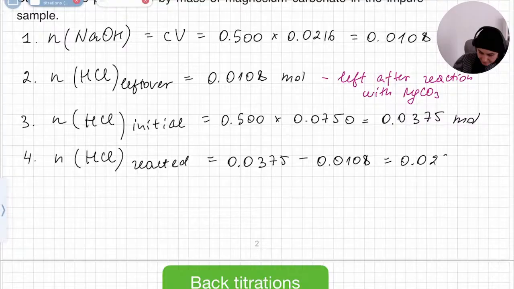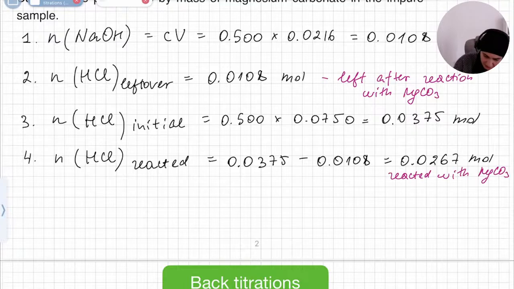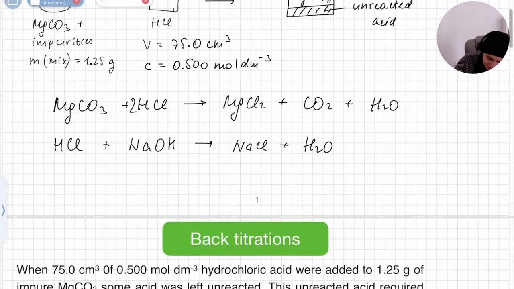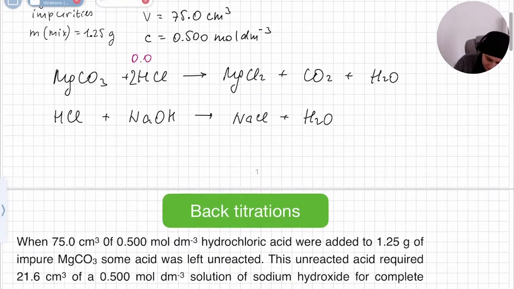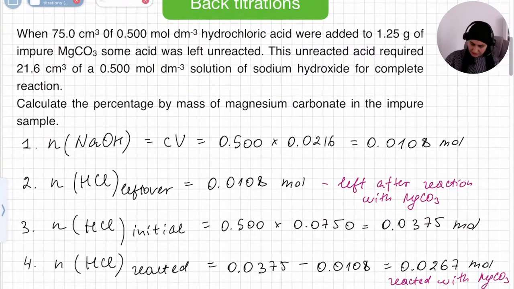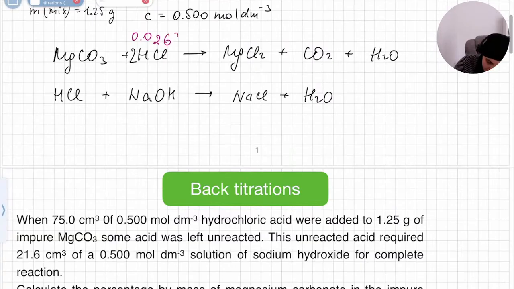That gives 0.0267 moles that reacted with magnesium carbonate.